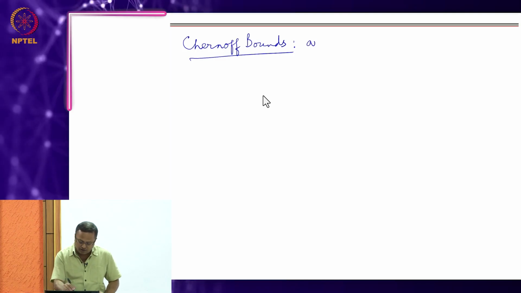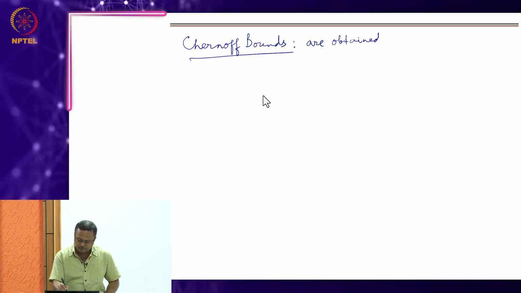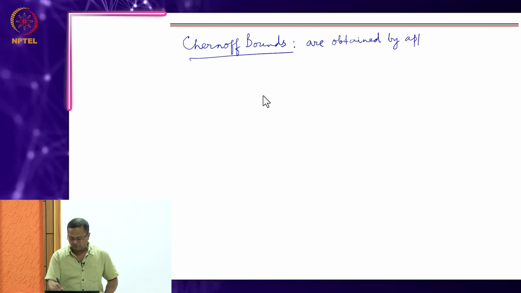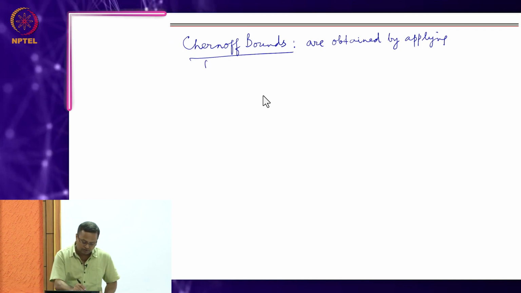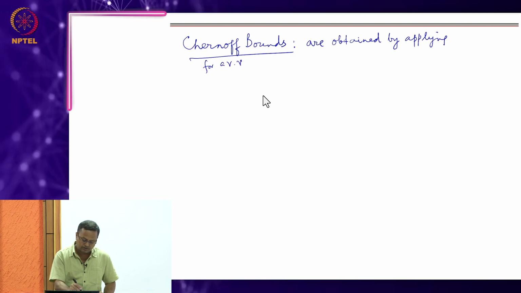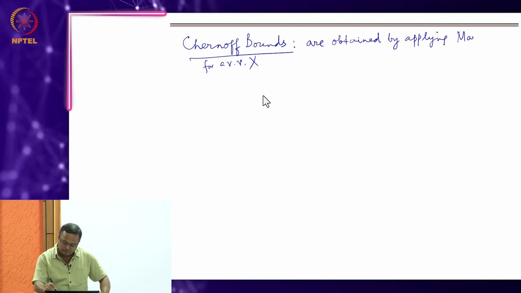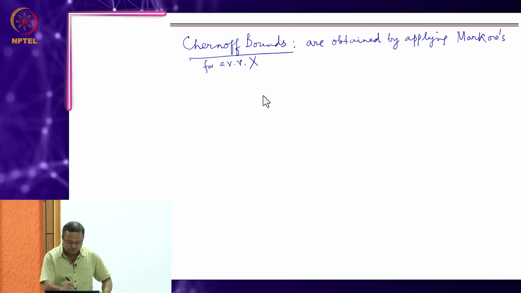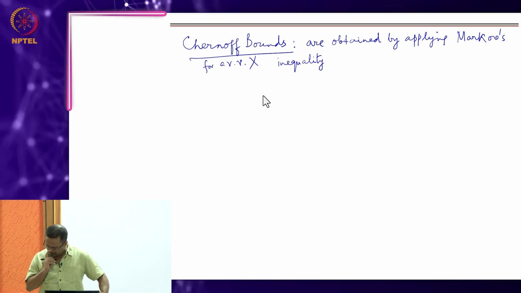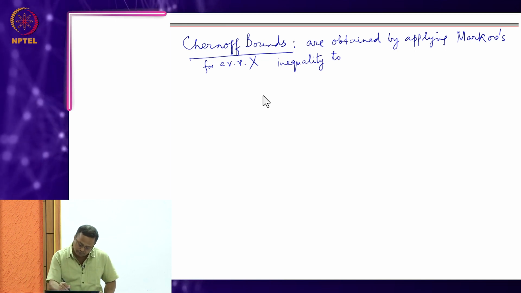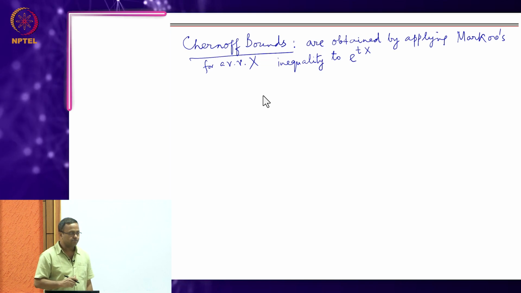So, Chernoff bounds for a random variable x are obtained by applying Markov's inequality to... x is the random variable.